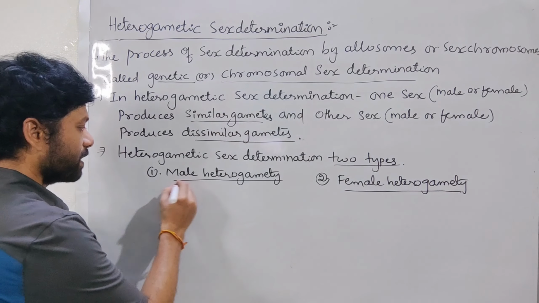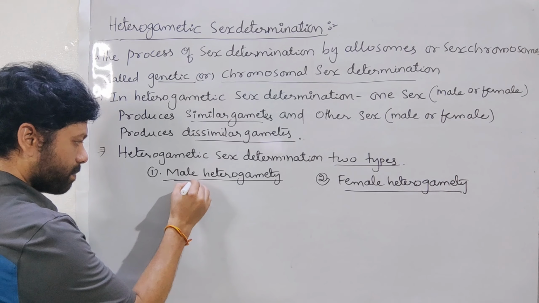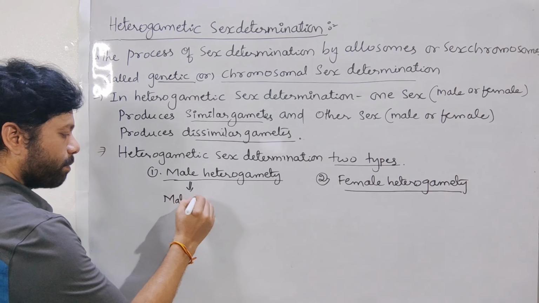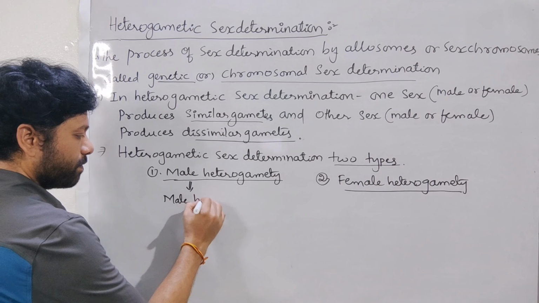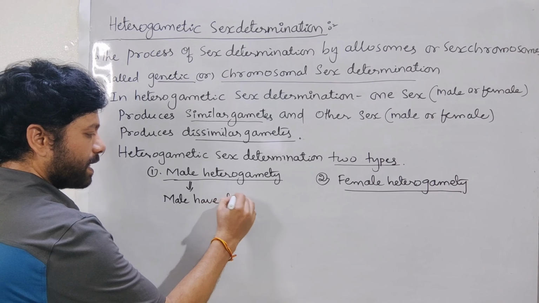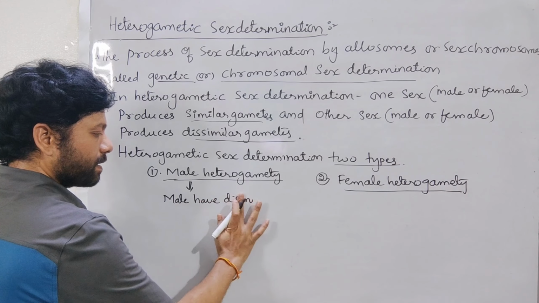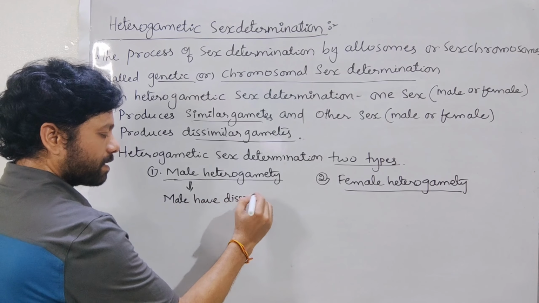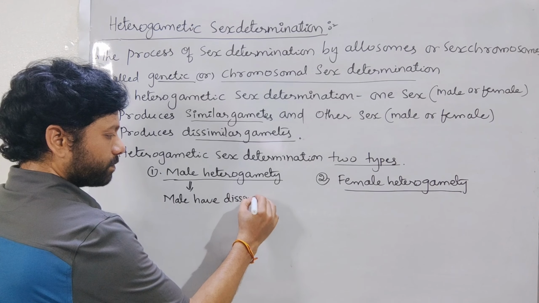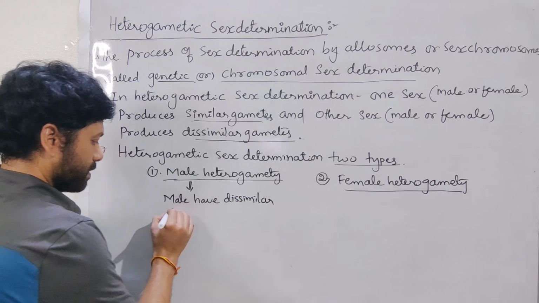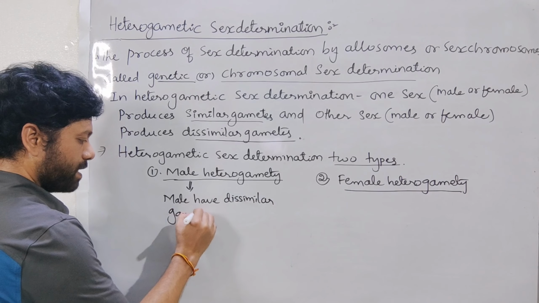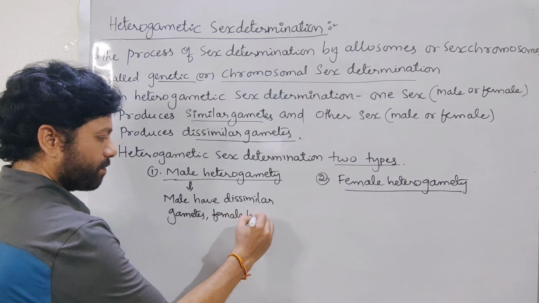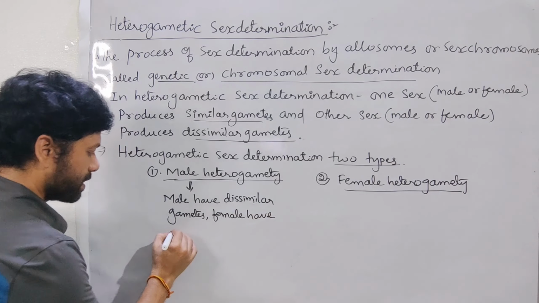In male heterogamity, the male sex has dissimilar gametes, and the female has similar gametes.